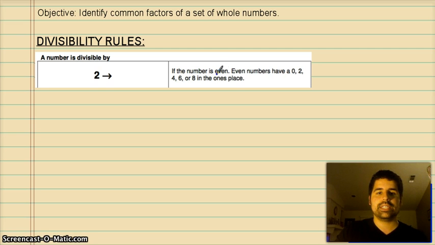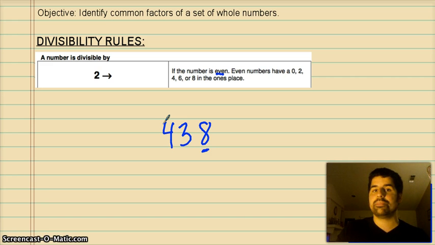If the number is even, meaning the ones place is 0, 2, 4, 6, or 8. So if I had the number 438, all I do is look at the ones place, and if I have an even number, then I know 2 will go into it. 2 is a factor of 438, or 438 is divisible by 2, okay?